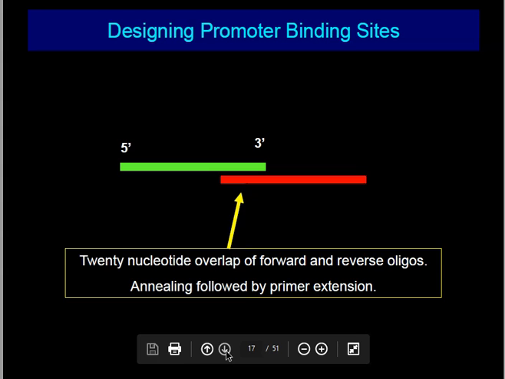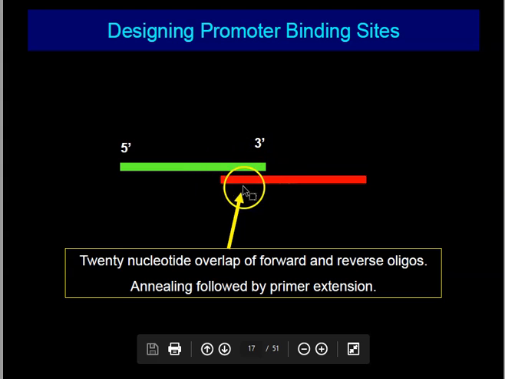Now, promoter binding sites are designed by annealing two oligonucleotides. If you have done PCR and carried out PCR reactions in the lab, you must be familiar with the concept of the primer, which is essentially an oligonucleotide. When you want to construct a promoter binding site, you can combine one or more primers, and this represents the complementary region.